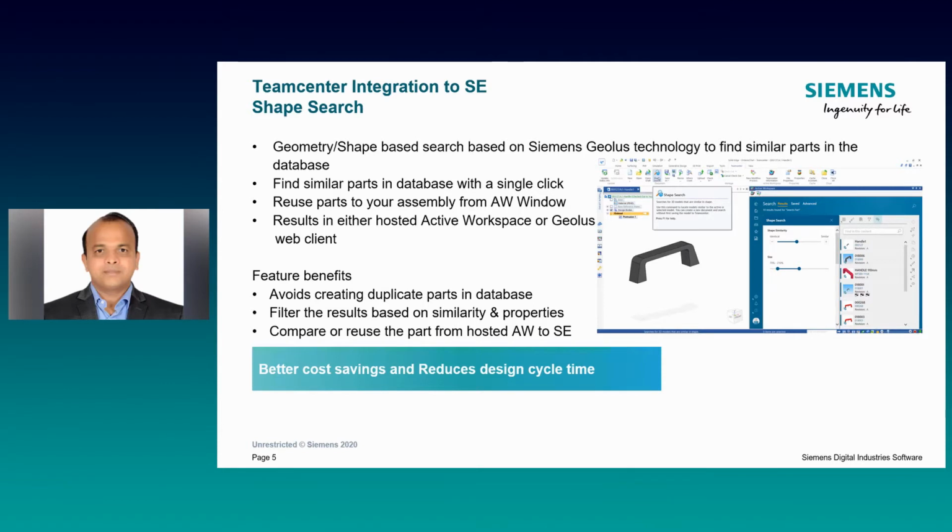The results will be shown in hosted Active Workspace or GLS web client, and documents can be used in the Solid Edge session by drag and drop. This not only helps in finding and reusing the documents, but also avoids creating duplicated parts in the database.